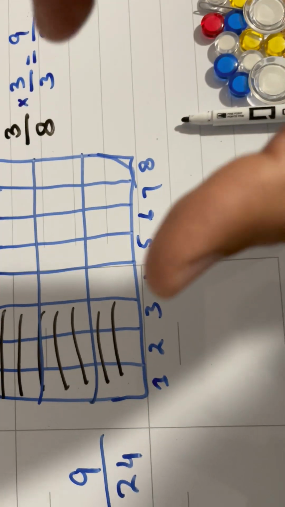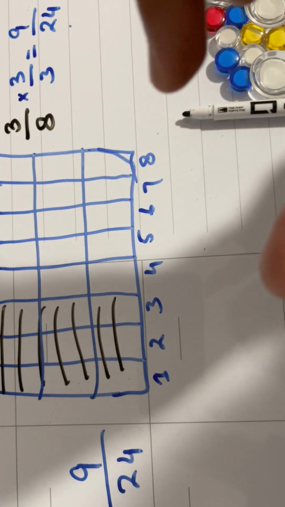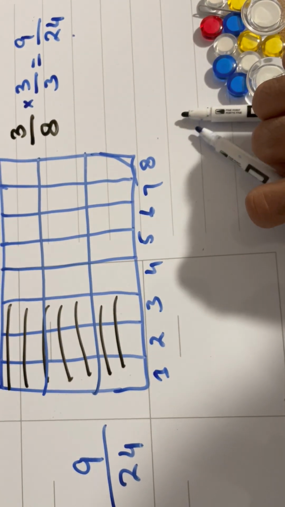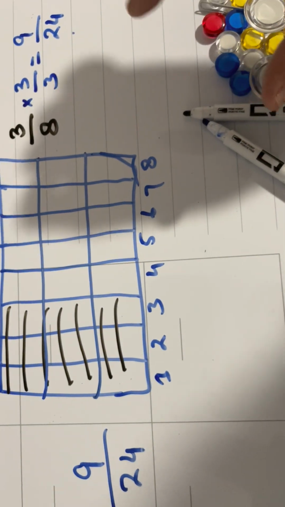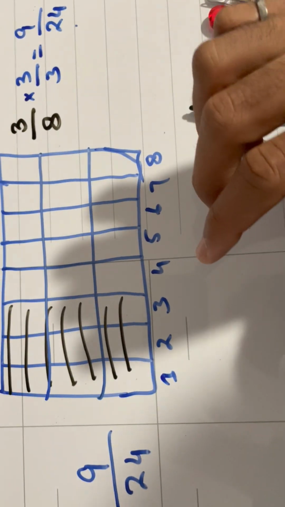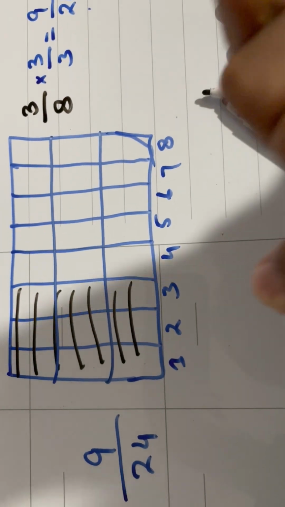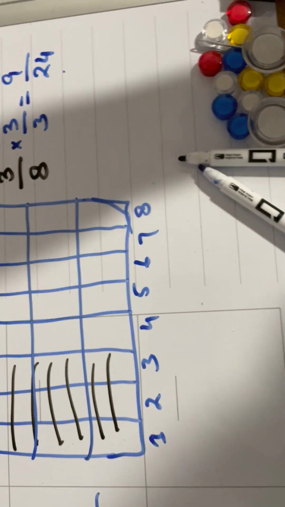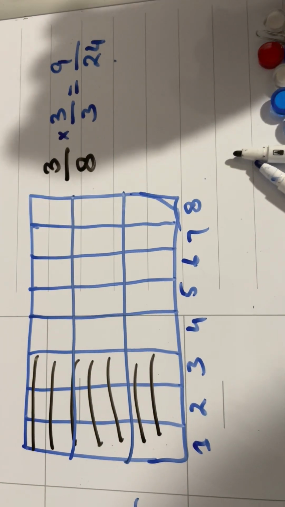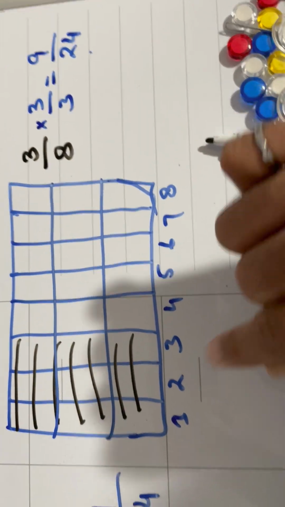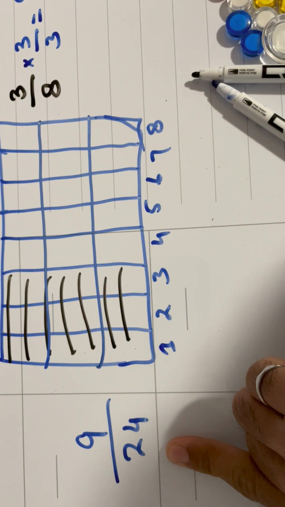That means if we are dividing a fraction into equal parts, that does not affect our shaded area, and the resultant fraction will be equal to our old fraction. The resultant fraction is 9 over 24.